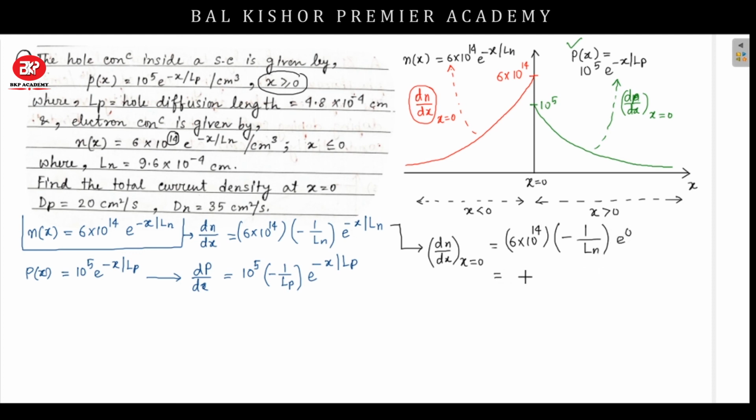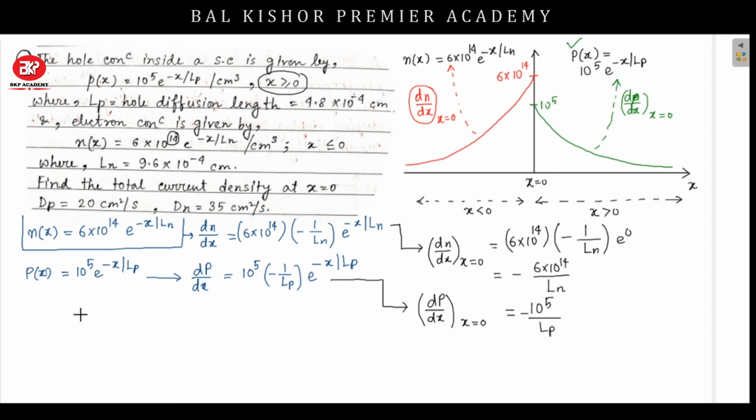So ultimately we will get minus 6 into 10 to the power 14 divided by ln. Similarly, from this equation we can calculate the value of dp by dx. So dp by dx at x equals to 0 will be 10 to the power 5 divided by lp, with a minus in front, and e to the power 0 will be 1 here.